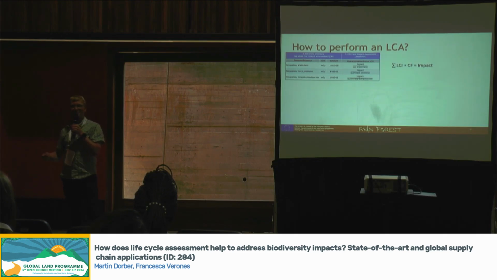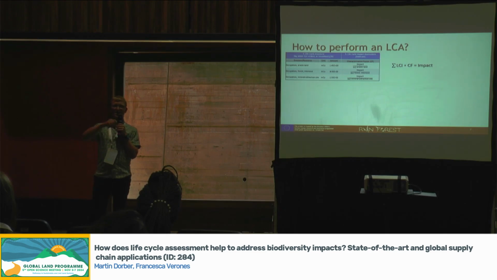Now the big question is, what do we do next with this list? We would like to quantify the impact in the so-called life cycle impact assessment stage. Therefore we need characterization factors, and they assess the impact per unit inventory, in this case maybe per square meter of arable land. If I multiply the inventory with a characterization factor, then I get my impact, and I can sum the impact up for all the land use classes.